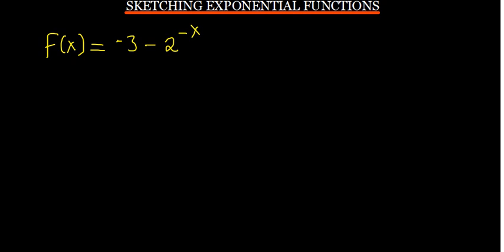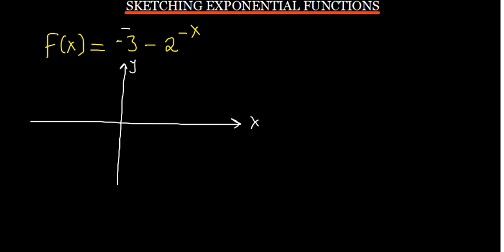Now, the base can't be a 1 when you're talking about exponential functions. So already you can see we have moved this to negative 3. So we will not be able to cross this line.